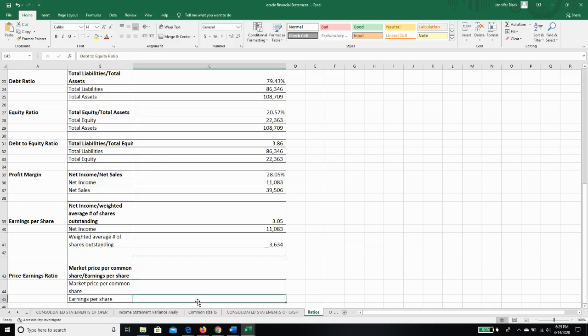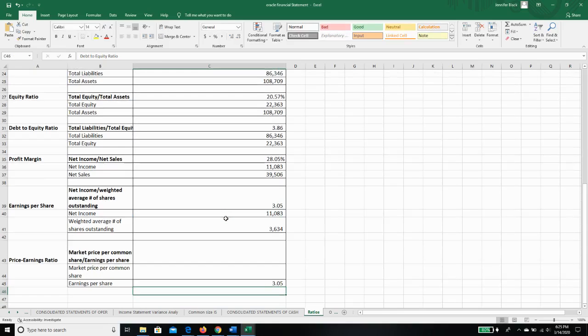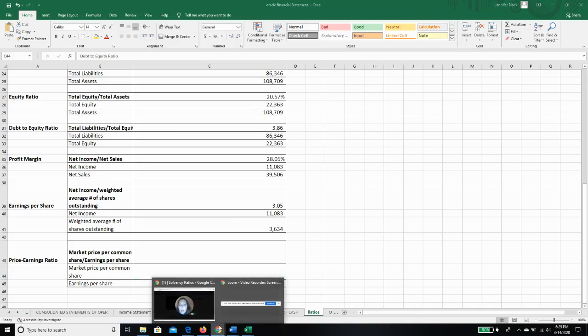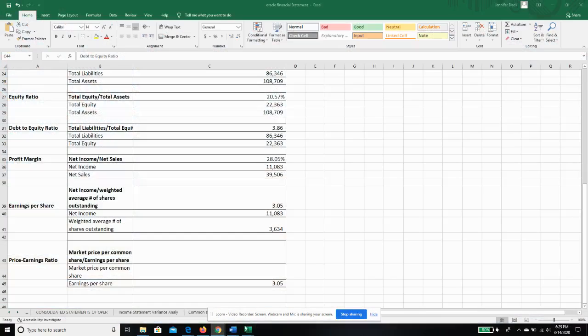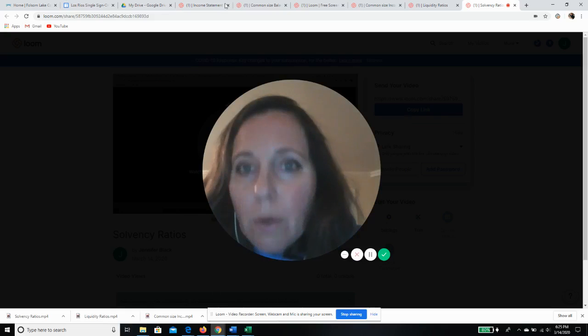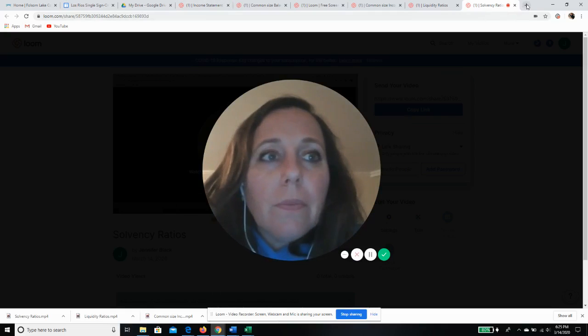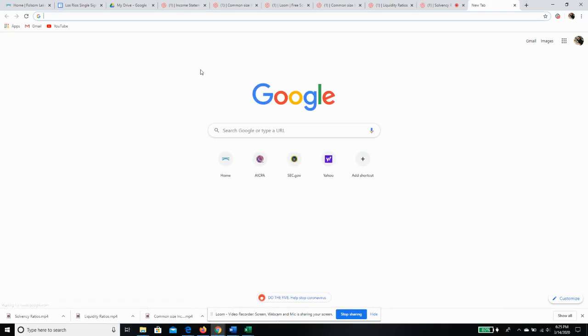So our earnings per share, we have already calculated. So that's good. And then we need our market price per common share. This is going to change the entire time the market is open. But let's go ahead and open Google. Let's open a new screen.